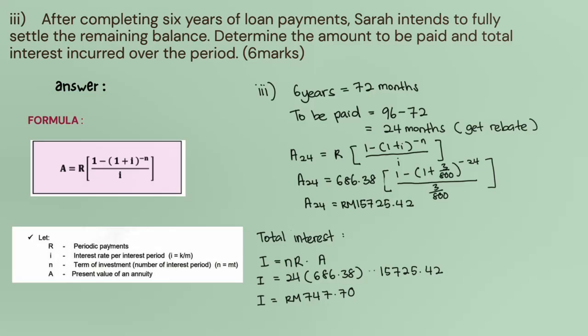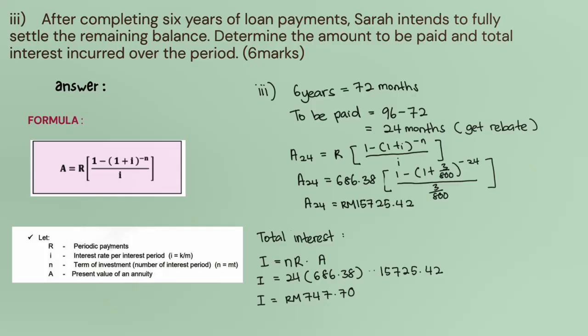After completing 6 years of loan payment, Sarah intends to fully settle the remaining balance. Determine the amount to be paid and the total interest over the period. For this question, we use the formula A equals R times 1 minus (1 plus I)^minus N over I. As we can see, Sarah wants to settle after completing 6 years of the loan payment.